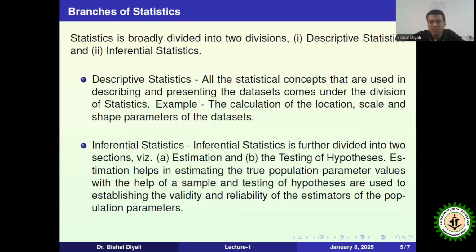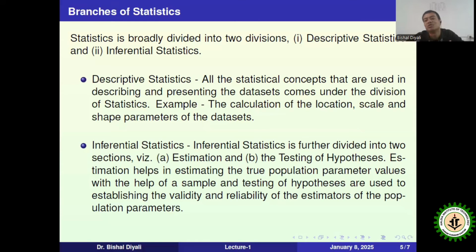Suppose we have a data set and we want to know about its location. Then we calculate the mean, median, mode, arithmetic mean, harmonic mean, everything related to the location of the data set. Through that, we know where the central value of the data is, where the concentration of the data is. That is the location.